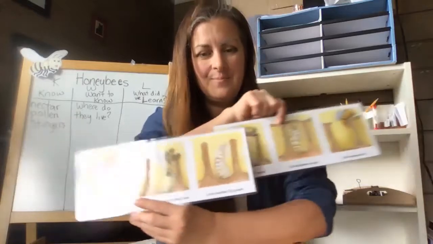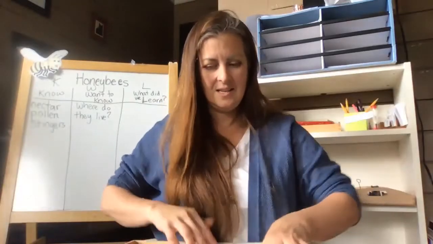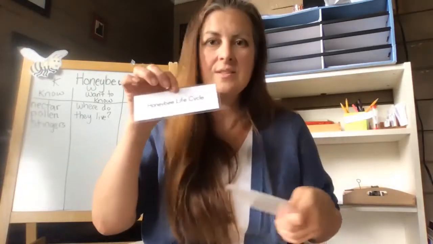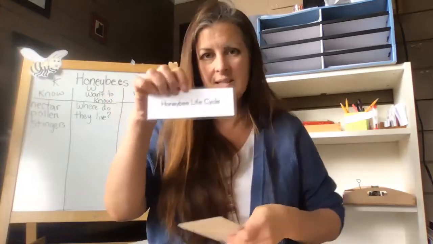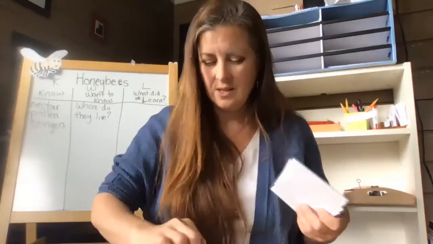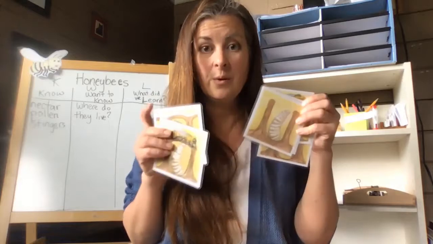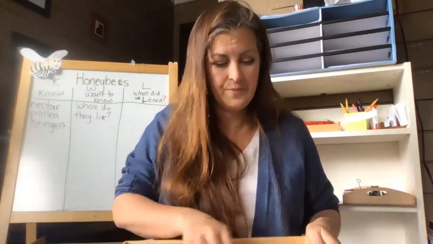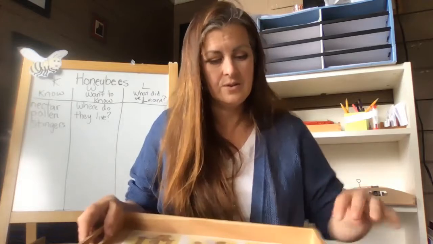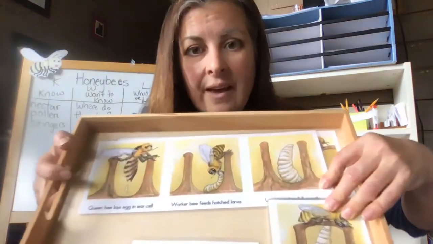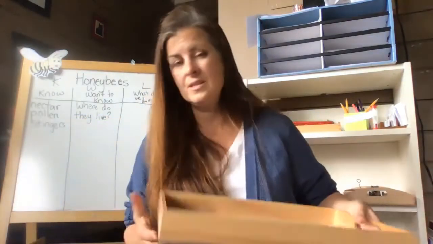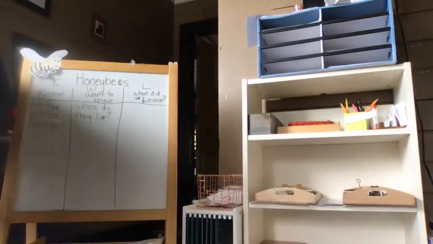So it goes like that. And then, you know, this is all done on the work rug, of course. So the child lays out this at the top of the work rug, lays out the control, and then puts these cards in order. So it shows them in which order to lay out the cards. Again, these are also hand painted by the same artist that did the cards I just showed you.